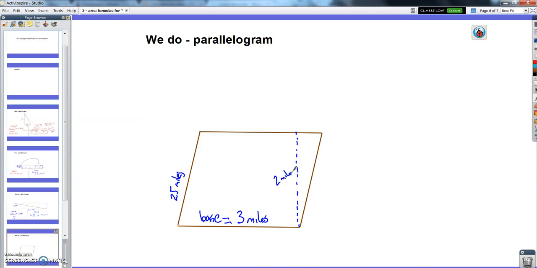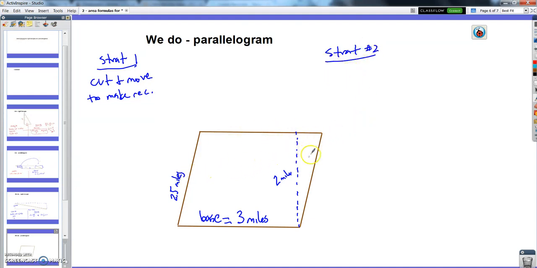All right. So here, our first strategy was just to cut and move to make a rectangle. Right, and our strat 2 is going to be a nice easy formula.